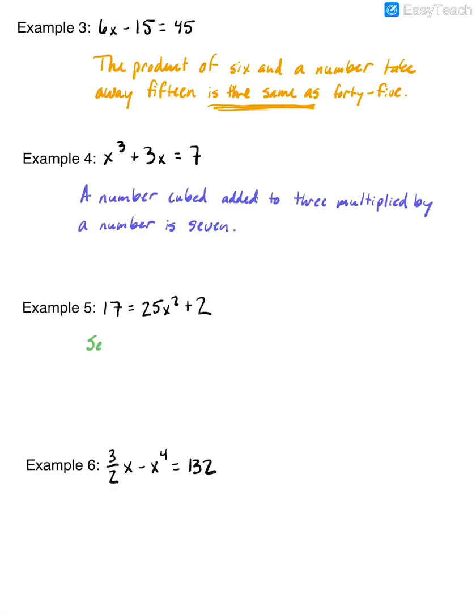So starting with 17 is the same as 25 times a number, not x, a number, to the second power increased by 2.